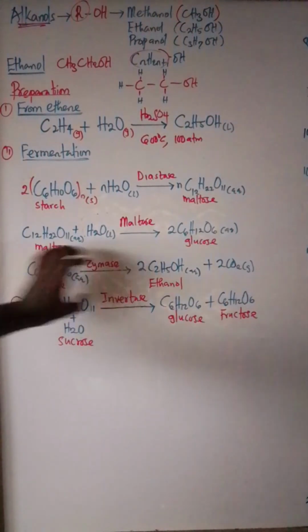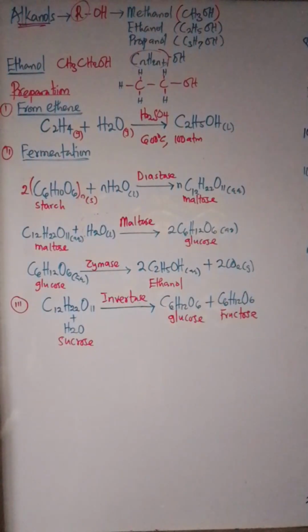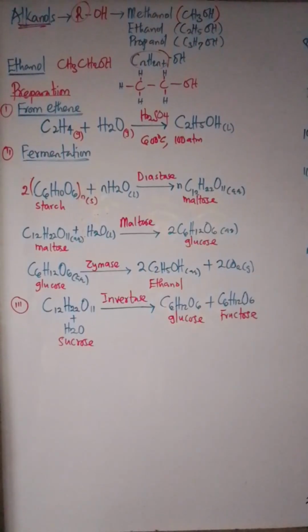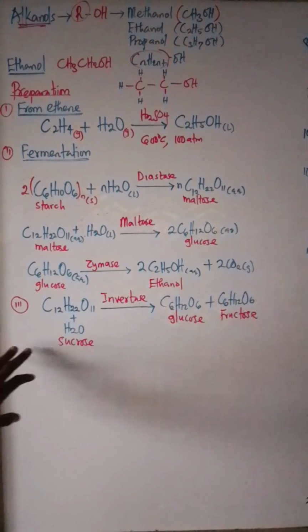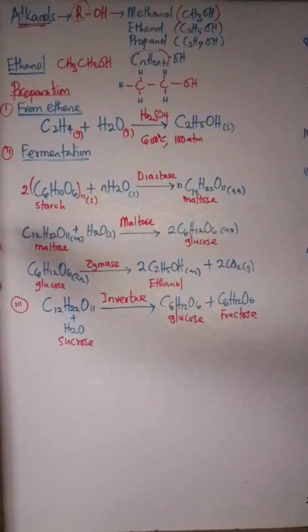After this, the next step is to write this one below. I don't need to repeat that. But there's a little problem here. The ethanol gotten from fermentation has low concentration. So if you have, let's say, 100 cm cube of ethanol from this process, about 80% is water, or about 80% is not ethanol.